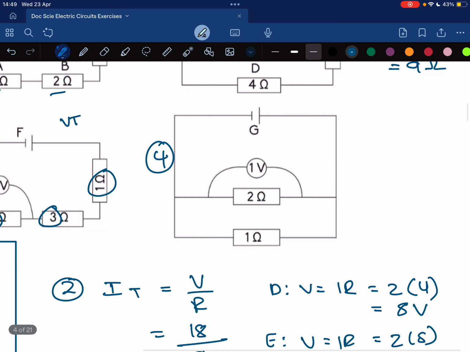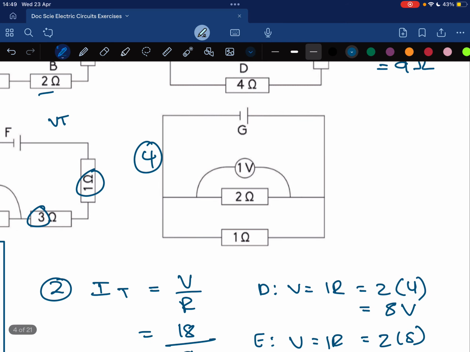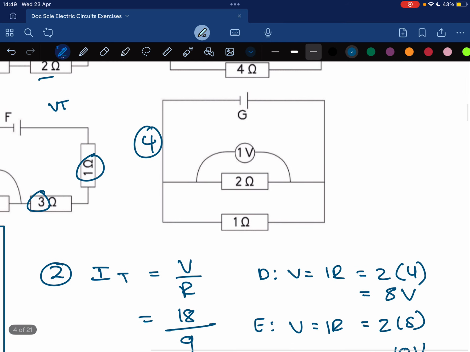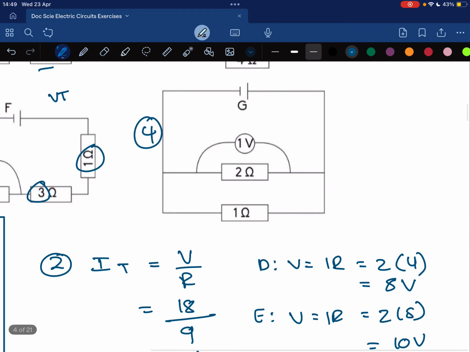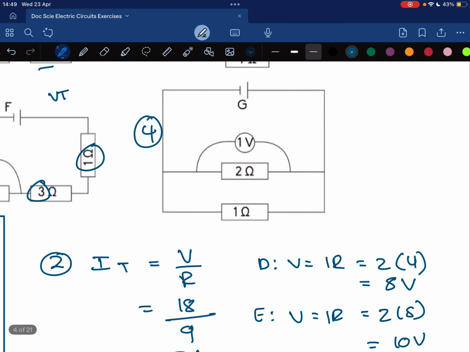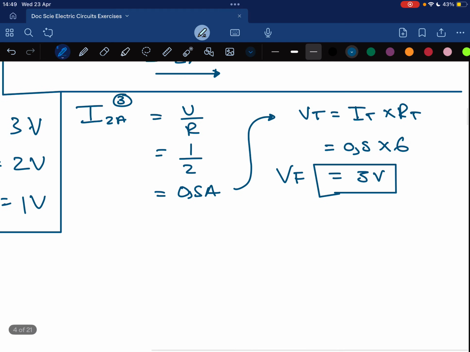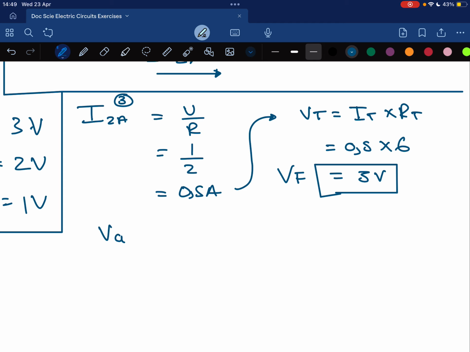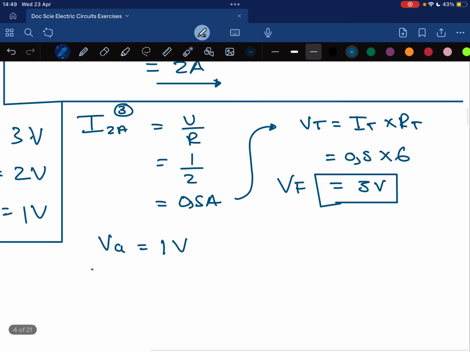So you can go through the effort of calculating it, but it's not necessary to calculate the total current because the voltage is equal. So the V of G is just going to be 1 volt.